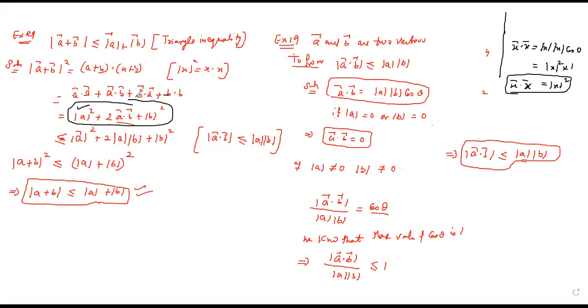Now A dot B and B dot A, because the dot product is commutative, so it will be twice of A dot B. Clear? The next, which I can write as twice of magnitude of A dot B. Now magnitude of A dot B is always less than or equal to the product of the individual magnitudes of A and B. We have already proved. So I have replaced this by this.